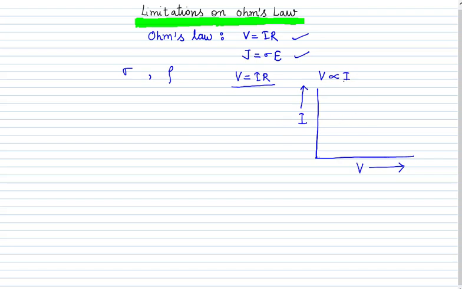Because this is directly proportional, it has a linear relation, V is equal to IR. So whenever you plot a graph between V and I for conductors that follow Ohm's law, you have a graph like this. You always get a straight line. This straight line represents that it is following Ohm's law.